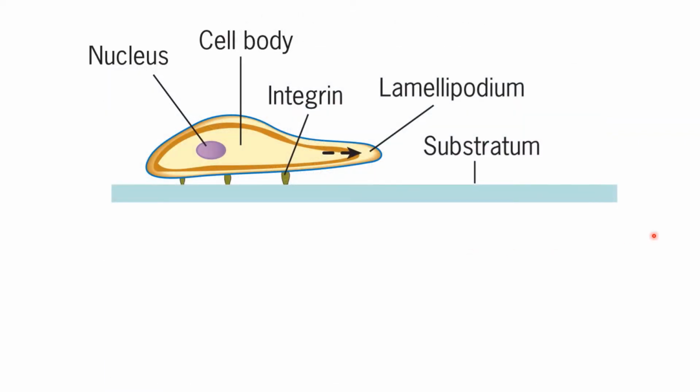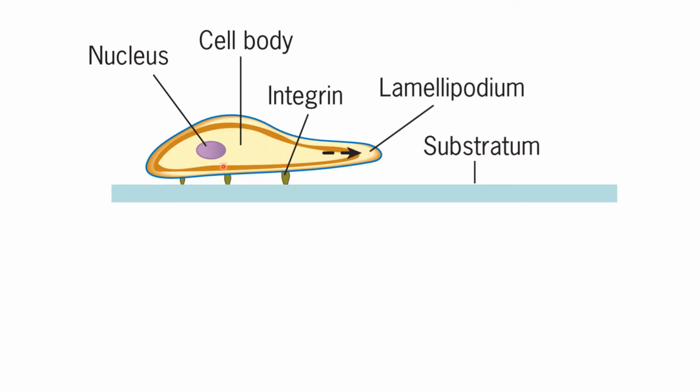Here is a cartoon view of that movement. That broad and thin leading edge is known as a lamellipodium. It thins a bit as it extends, and the reason it is able to extend is because of the actin filaments that are forming.